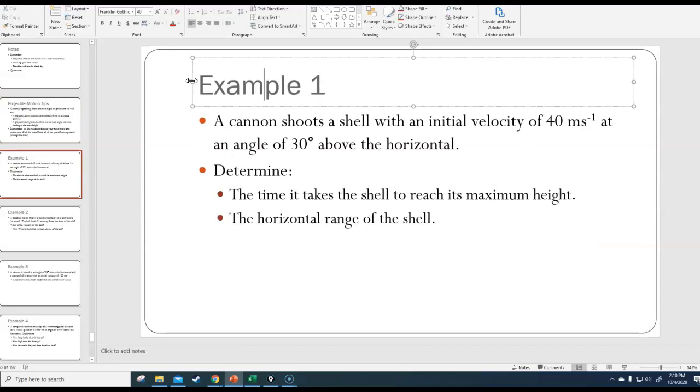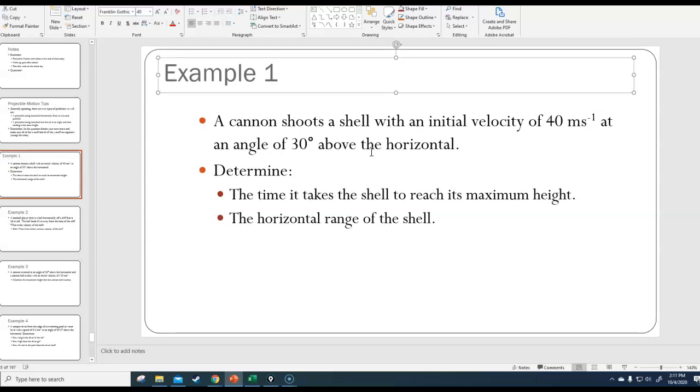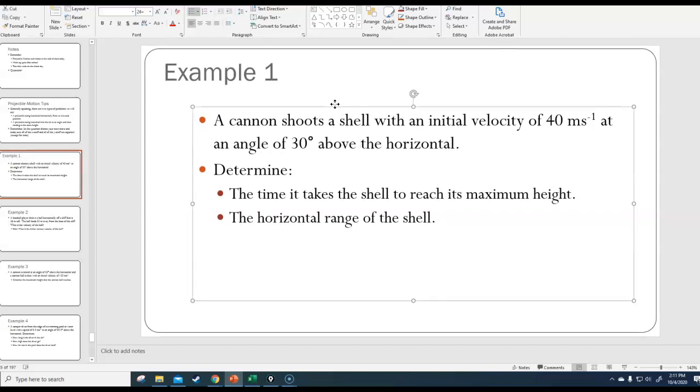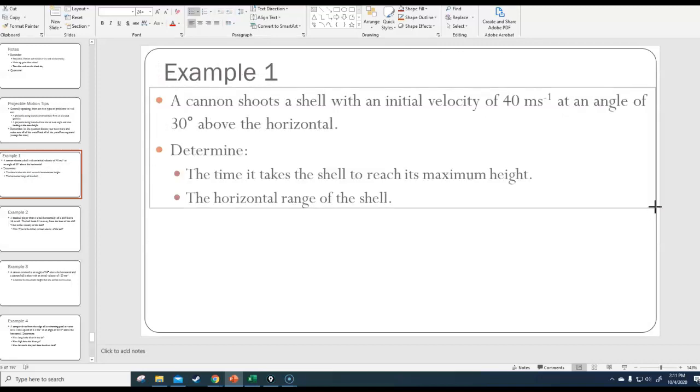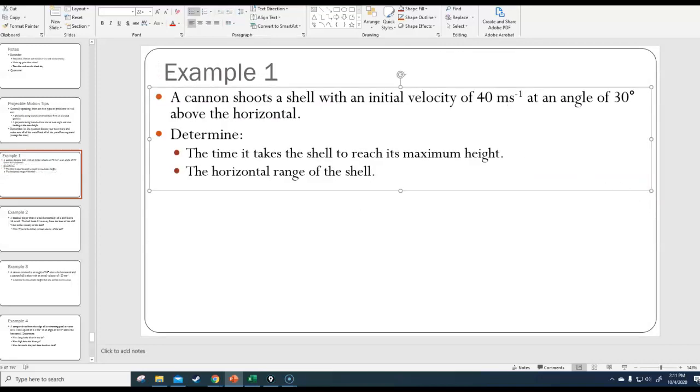Okay, so example 1. It says a cannon shoots a shell with an initial velocity of 40 meters per second at an angle of 30 degrees above the horizontal. Before I do anything, I'm going to do the first couple steps in this problem. Remember, when I told you how to approach these problems, I said draw a picture.